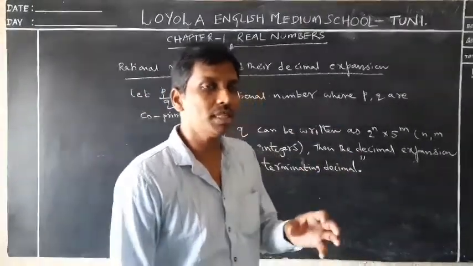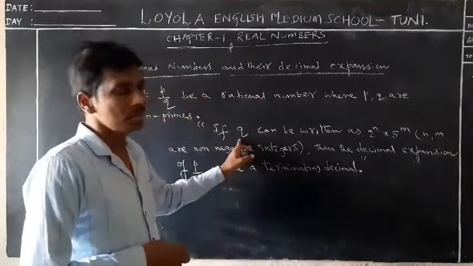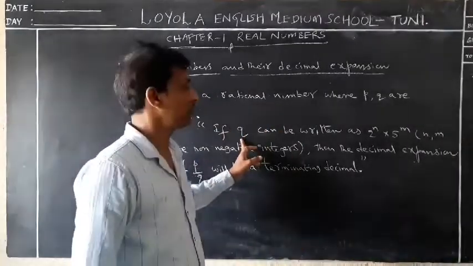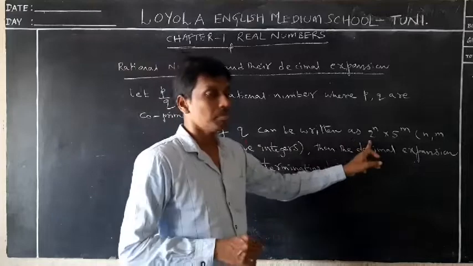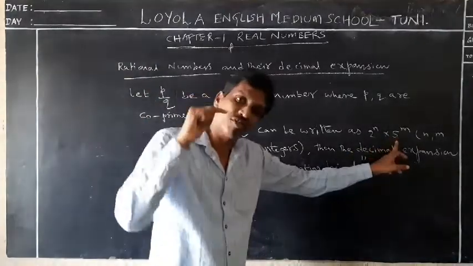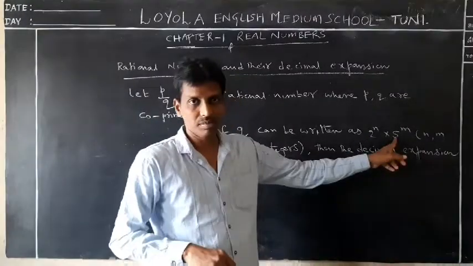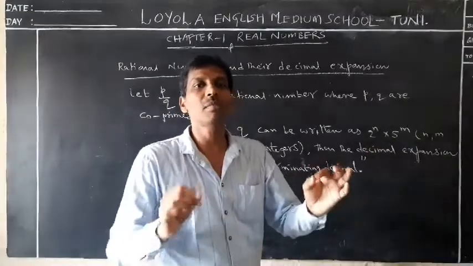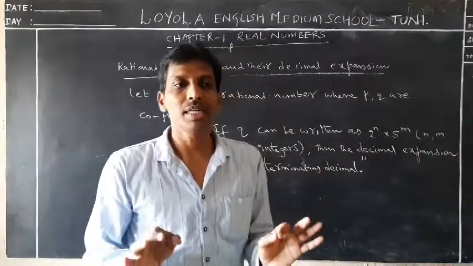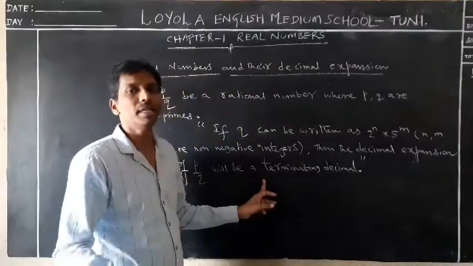That means one thing we should try to keep in our mind: when we write the denominator as the product of its prime factors, the product of prime factors must be only 2 powers, or only 5 powers, or both the powers of 2 and 5. Except 2 and 5, if any number is present in the product of prime factors, we should say it is a non-terminating decimal.